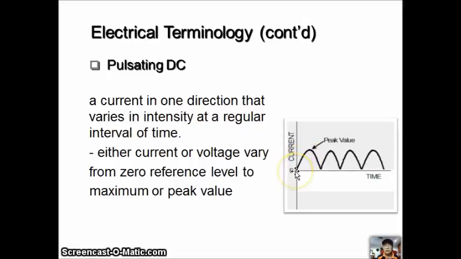So you have zero here, and then slowly the rate of flow increases until it reaches the peak. And then again, it goes back to zero. And again, it goes to the second part from zero to the peak. So what can we say about the flow of the current? It's flowing in one direction, but the magnitude changes from zero to the peak.